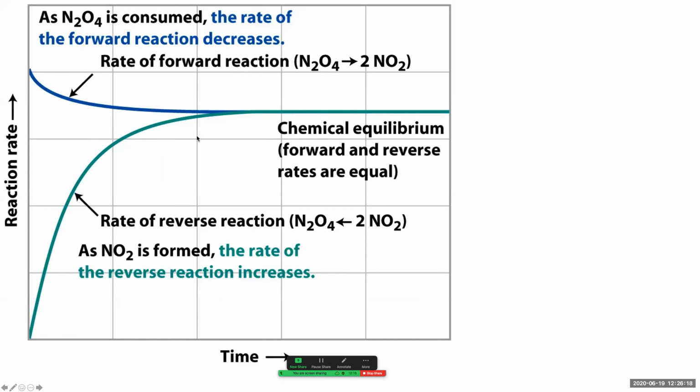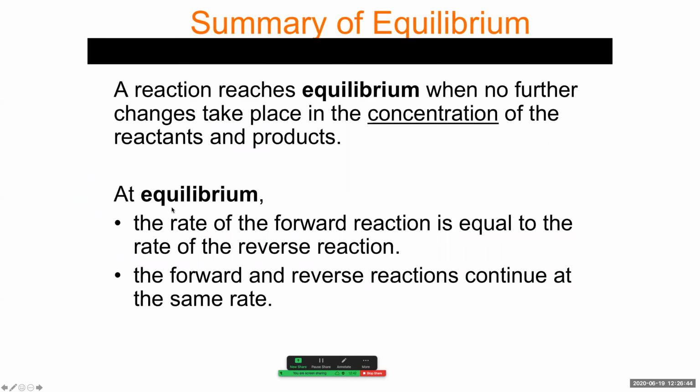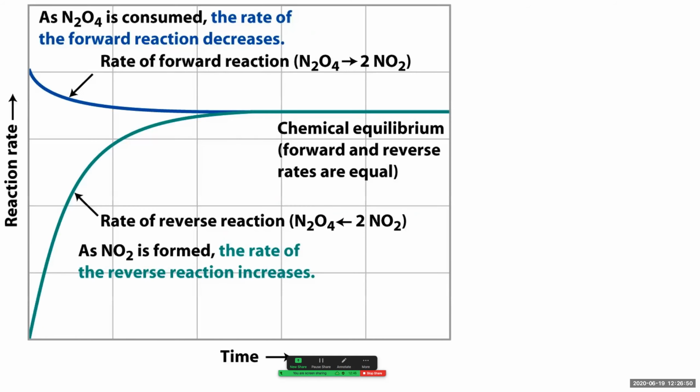This graph here shows the rate of change. If we start with N2O4, this is the reaction rate. Remember, the reaction rate is the change over time. This isn't the change in concentration, it's the reaction rate. And so initially, because there's no NO2, the reaction rate keeps increasing very rapidly.